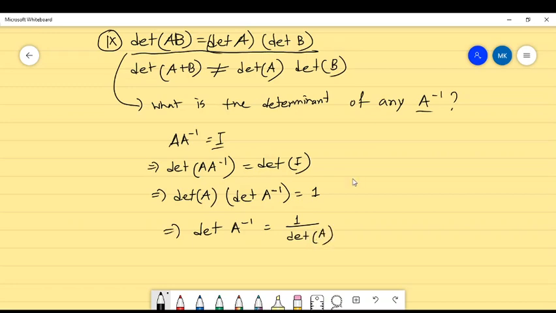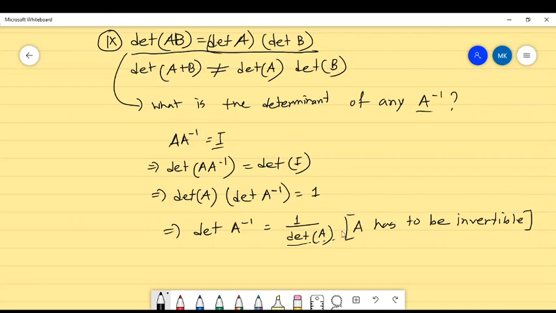But A has to be invertible, because if A is not invertible, then the determinant of A is 0, and 1 by 0 has no meaning.